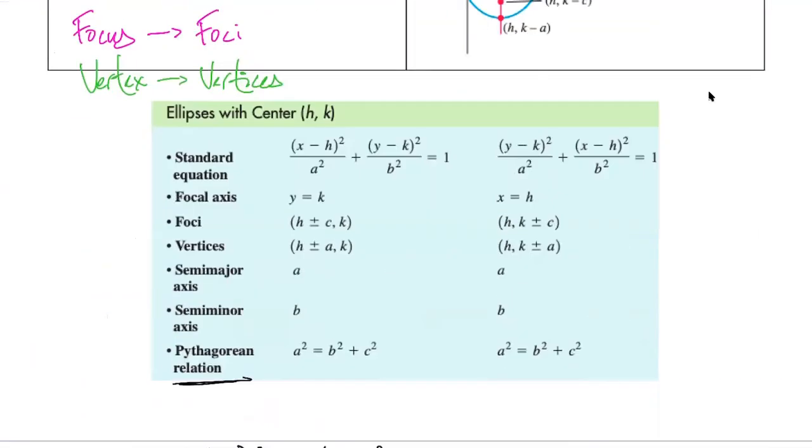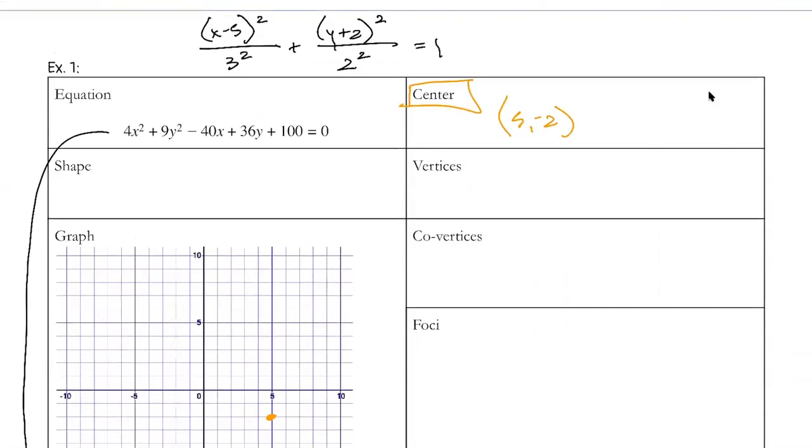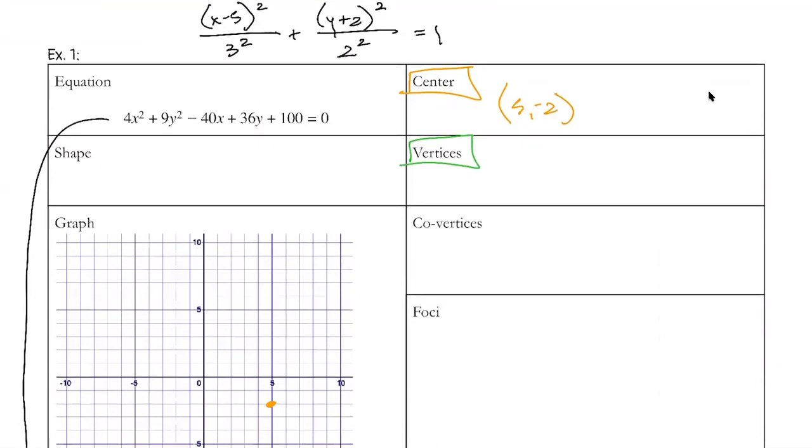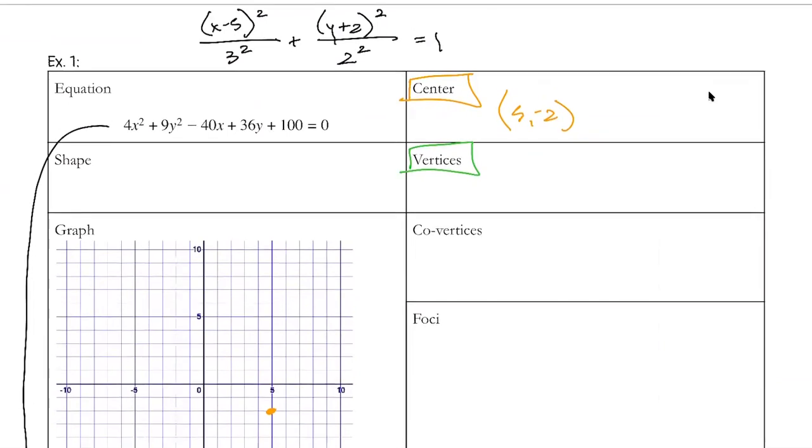Now, my vertices are going to be whichever denominator is bigger, that's what I add to either the x value or the y value. So what I mean by that, I look at my denominators. I notice that this 3 is bigger than the 2.